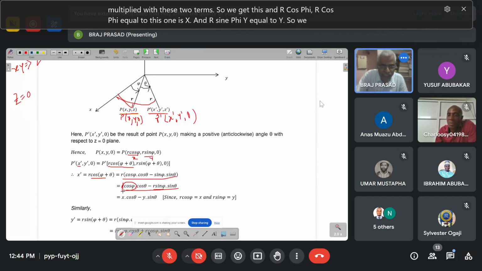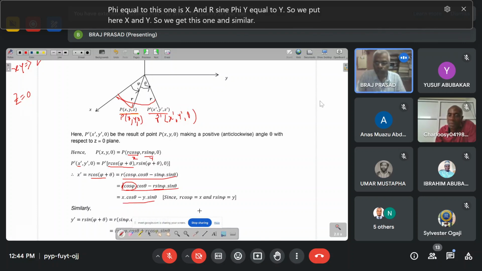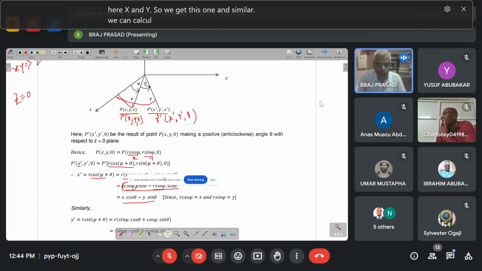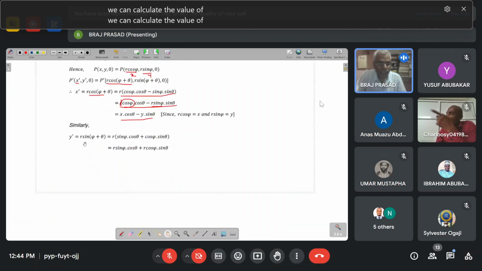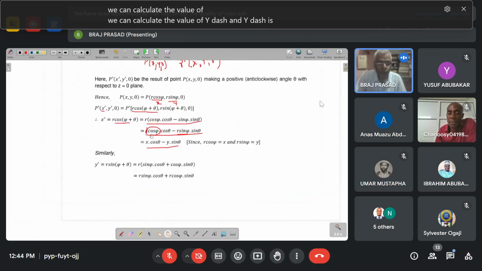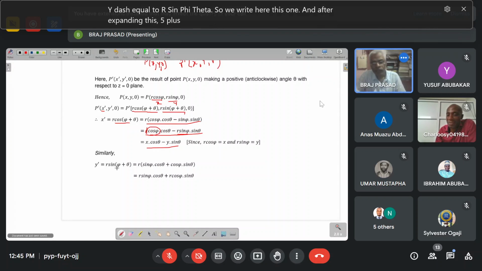So we put here x and y, so we get this one. And similarly, we can calculate the value of y dash. y dash equal to r sin phi plus theta. So we write here this one, and after expanding phi plus theta by using the trigonometry formula, we get this one.